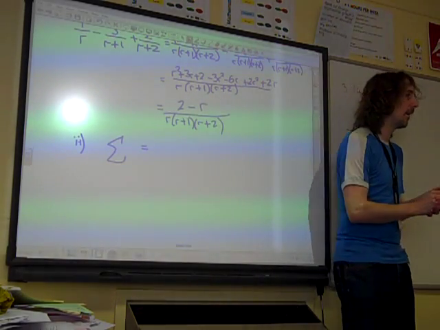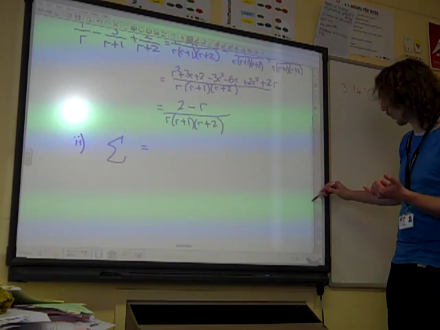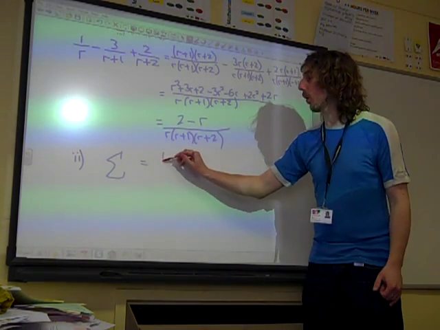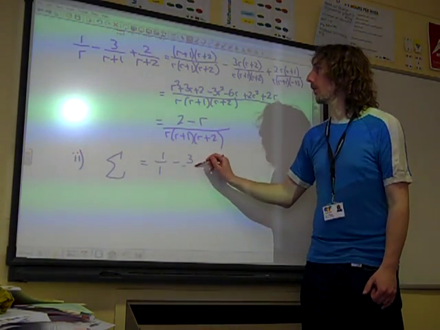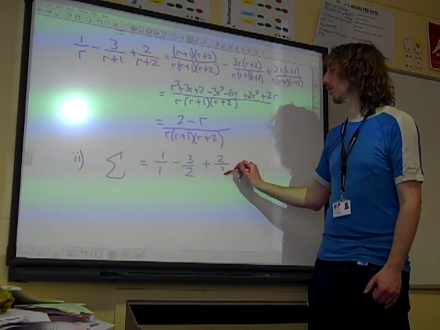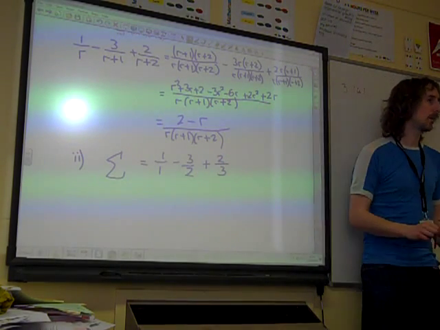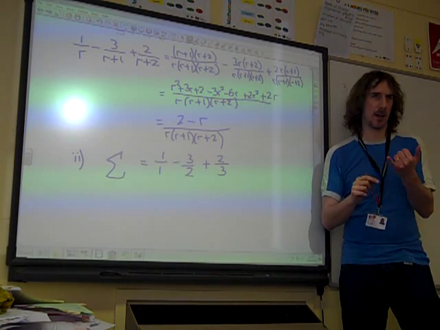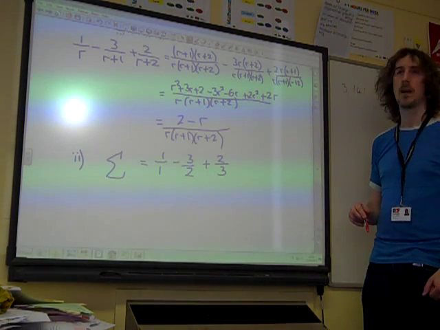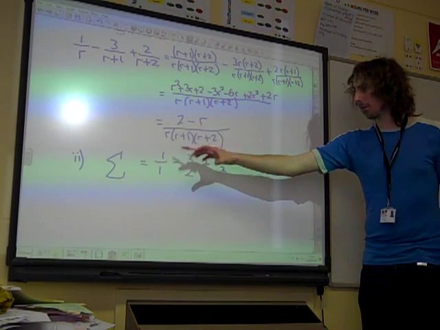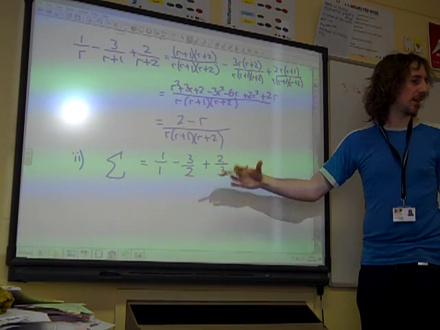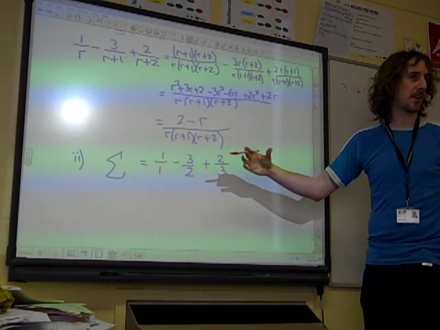Our sum is going to be sub in 1, and we get 1 over 1 minus 3 over 2 plus 2 over 3. That's what we got 1 mark for, just getting one term correct in this. But that's not going to be enough. There's 3 fractions here, so we probably need at least 3 terms until we can start to see the pattern.